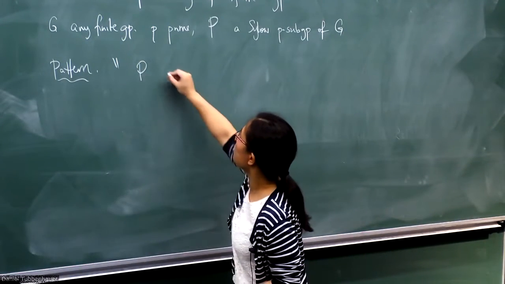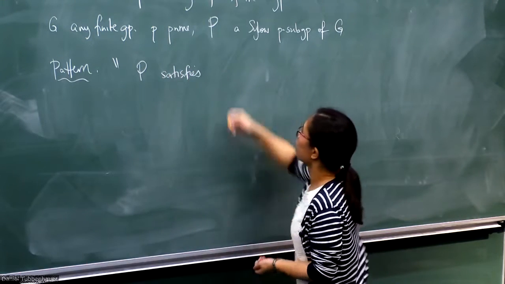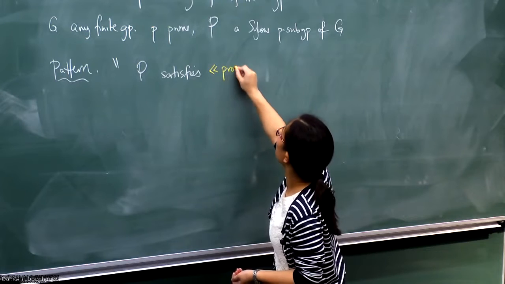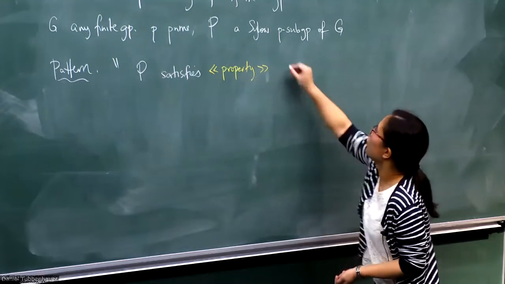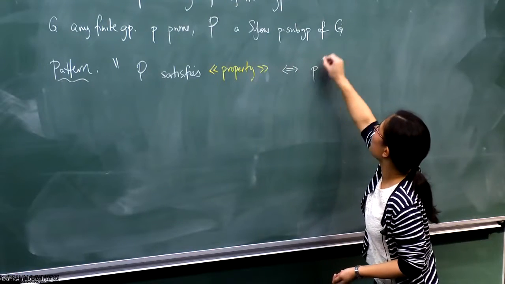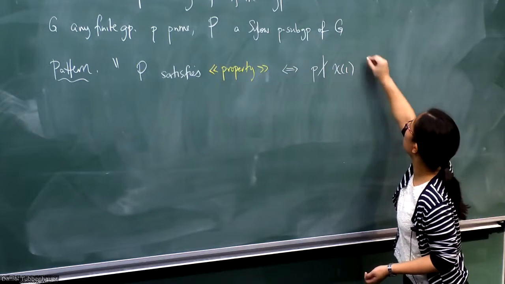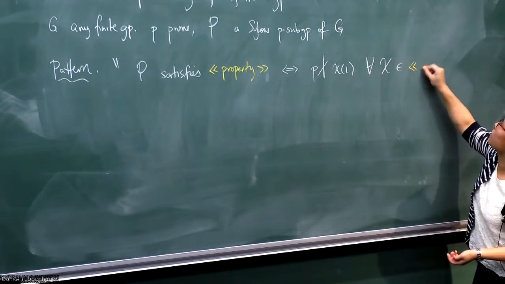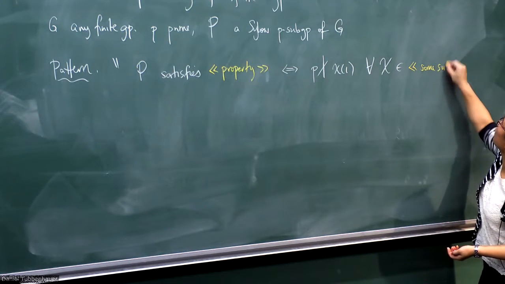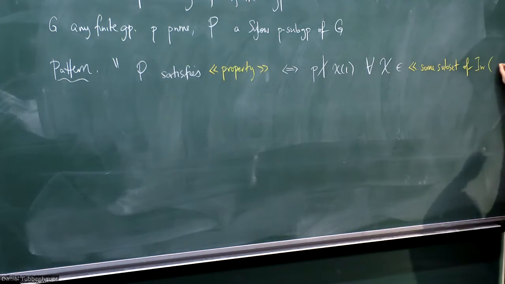Our Sylow subgroup satisfies some algebraic property if and only if the prime p does not divide the character degree chi(1) for all chi coming from some subset of the irreducible characters of G.